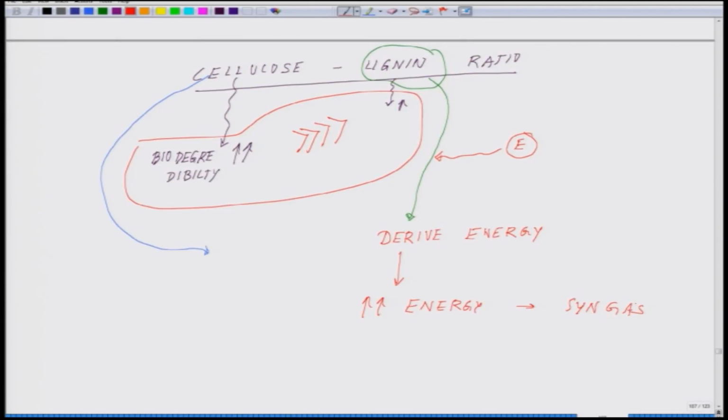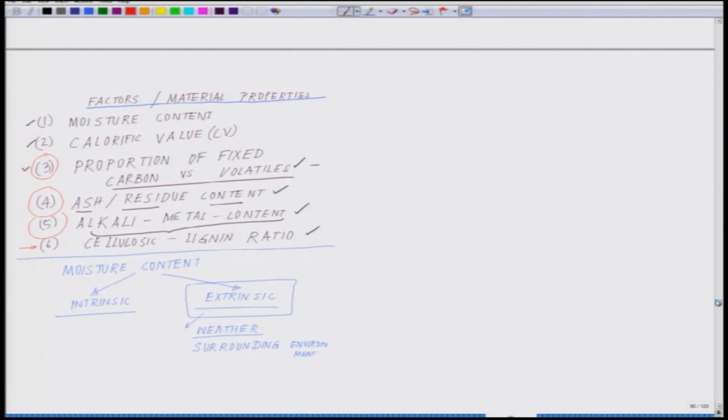That brings us to the list we made in the beginning, the basic parameters that are important: the moisture content, calorific value, proportion of fixed carbon (Fc) versus volatile matter (Vm), ash or residue content, alkali metal content such as sodium, potassium, phosphorus, sulfur content, silica, and lastly the cellulose to lignin ratio.